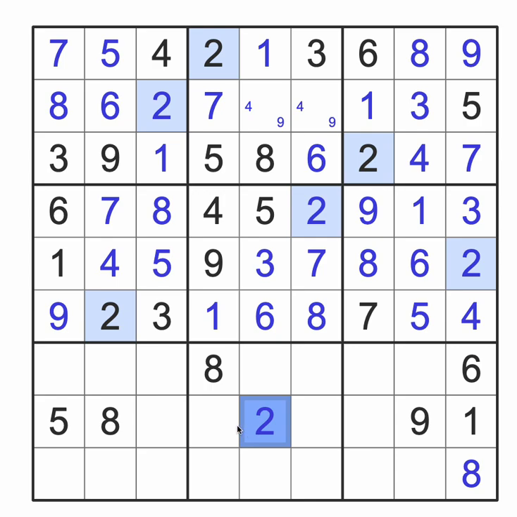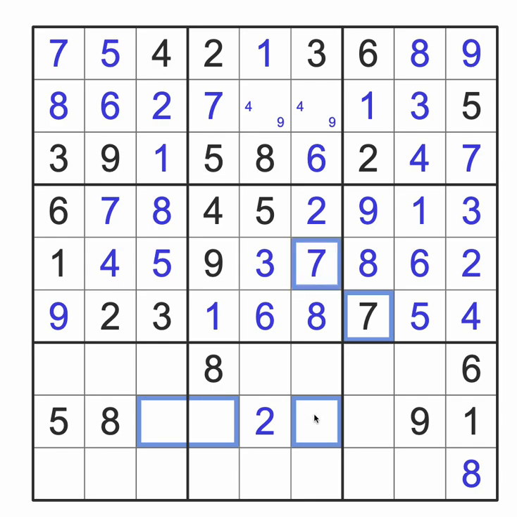And 3, 4, 6, 7. And now there's only one cell that's not blocked by 7. Here's 7. This cannot be 7. Here's 7. So this cannot be 7. This 7 blocks here. That gives me 7 here.